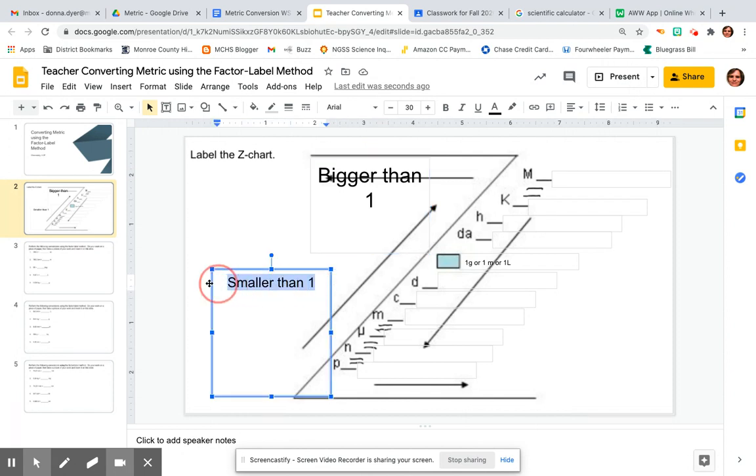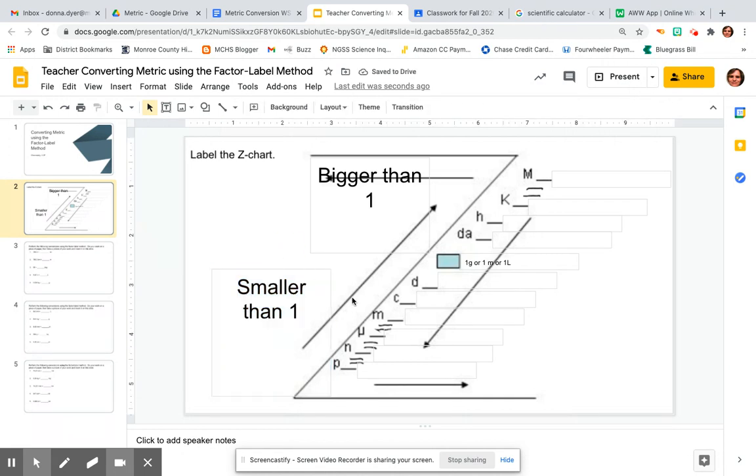These are all smaller units, with this P being the smallest. P is for pico. N is for nano. This little weird looking U is for micro. This M is for milli. This is centi. This is deci. This is deca, hecto, kilo, and mega.